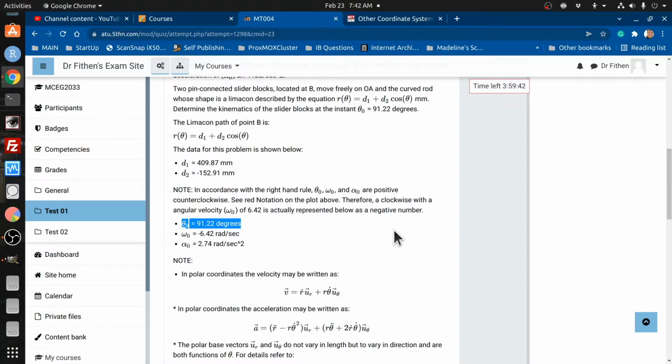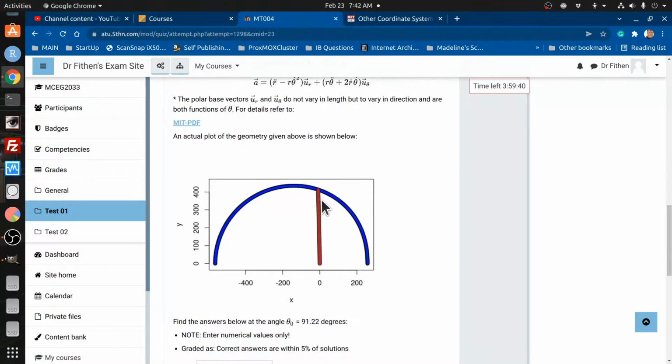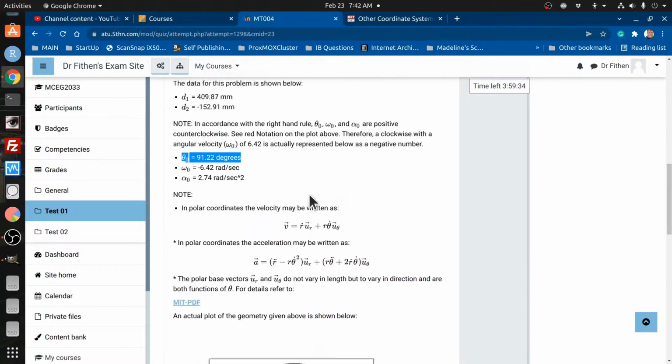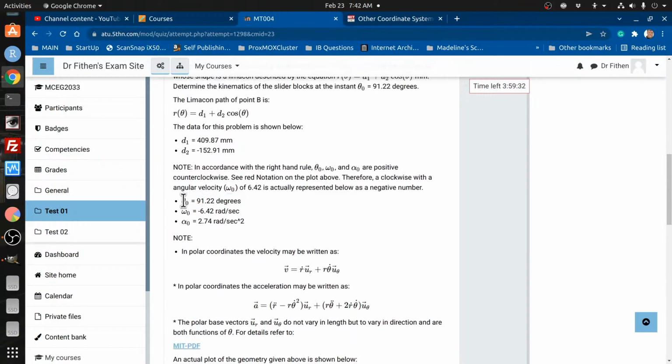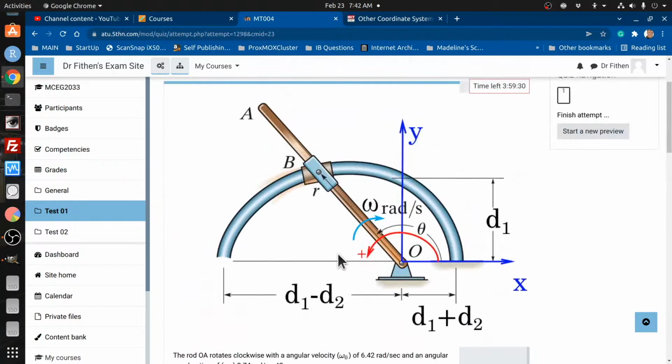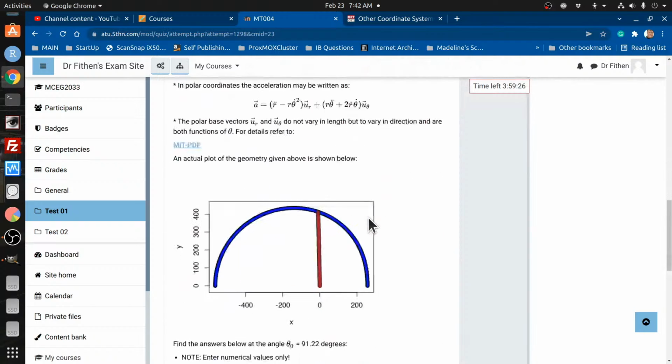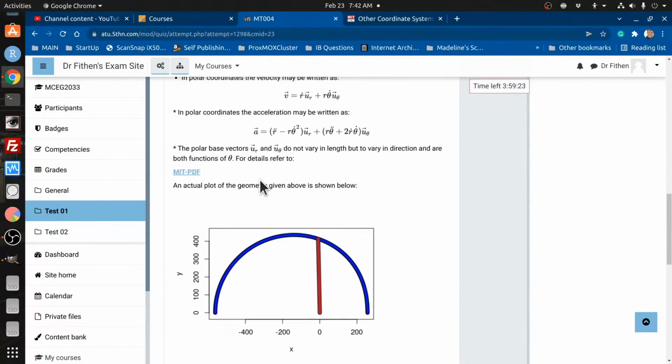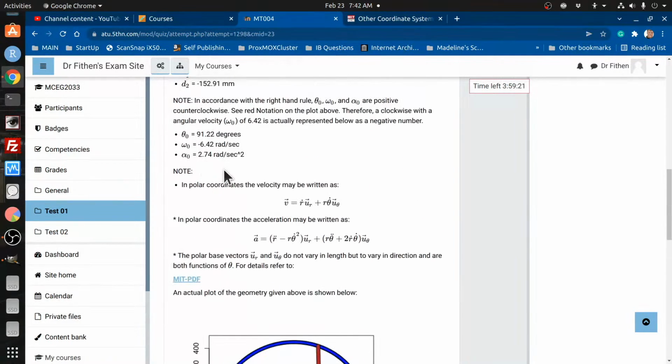This is 91 degrees. That is an exact representation. The angle from here to here to this is 91 degrees. So this is a generic drawing with constants and distances and things like that. This is specific to the exact numbers that you were given here.